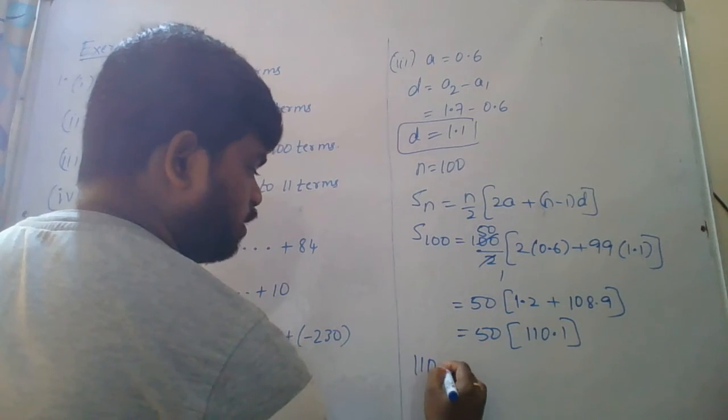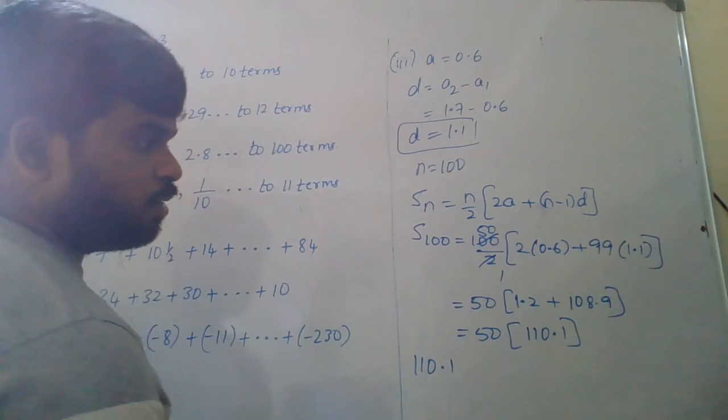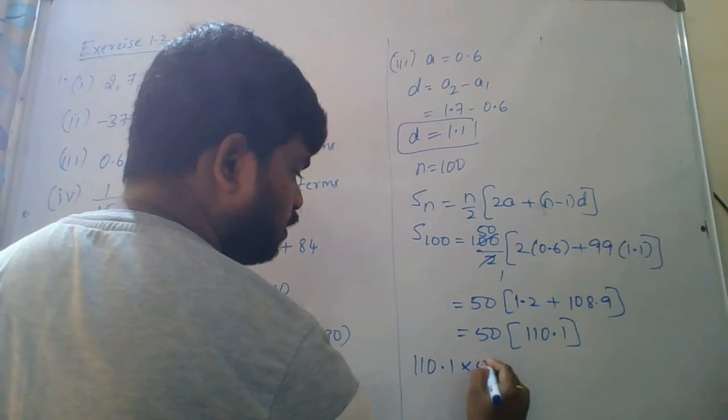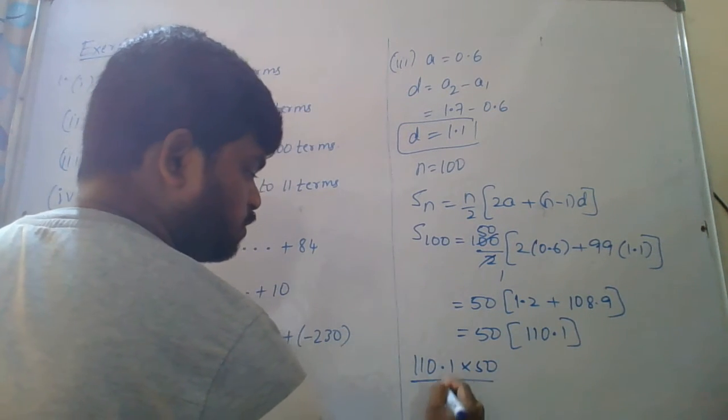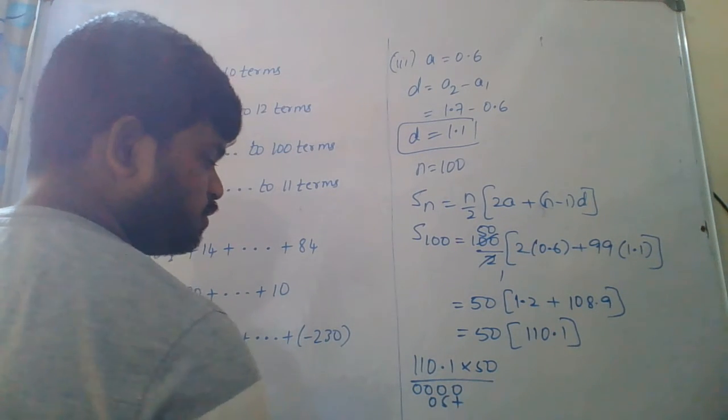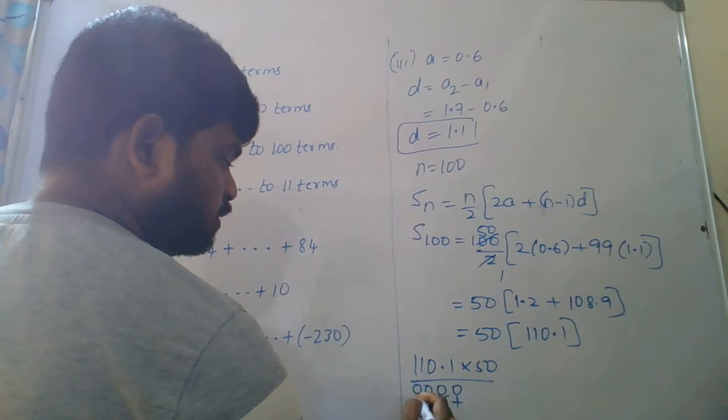Let's multiply 110.1 into 50. 0 1s are 0, 5 1s are 5, 5 zeros are 0, 5 1s are 5, 5 1s are 5.